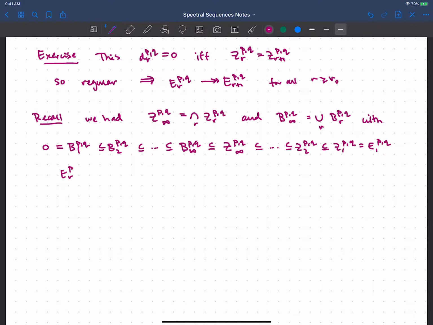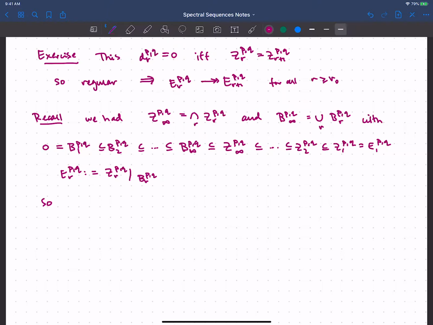With that, we had E_r^{p,q}. This was the cocycles mod the coboundaries. And now we had to do some work to identify that really as the cohomology of the previous page, right? So that's not just kernel mod image on the face of it, though it will turn out to be isomorphic to that. And so what am I trying to say?